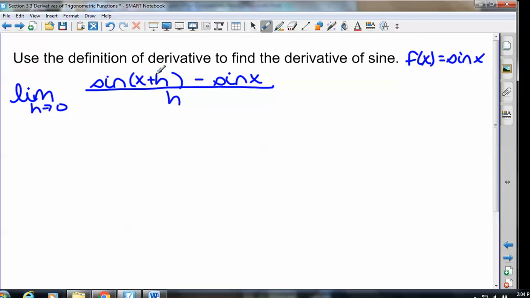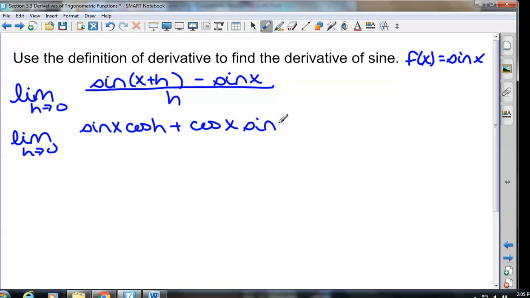But I told you at the beginning that trig formula we are going to be using, sine of x plus h. You can use that formula from our trig identities and split it up. That's sine of the first, cosine of the second, plus cosine of the first, sine of the second.